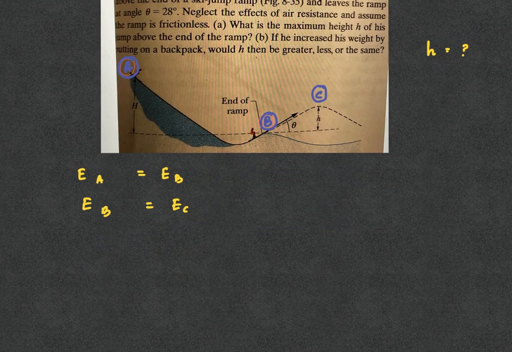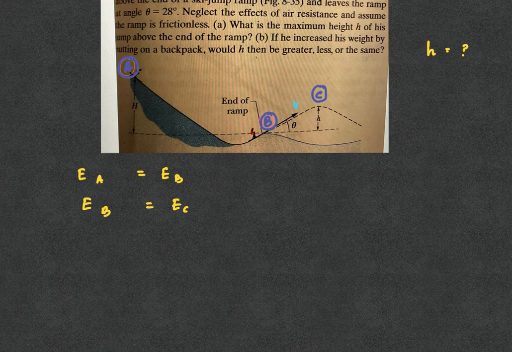First, you can write the conservation of energy for point A and point B, and by doing that, our expectation is to find the velocity at that point, because we already know that going from B to C is not just a linear motion, it is a projectile motion.